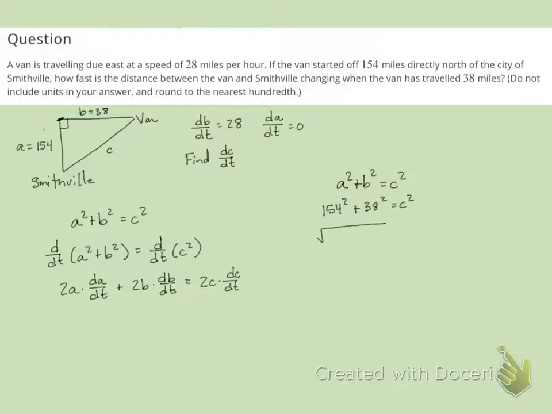So if I take the square root of both sides, I know you know how to do this, I'm just writing it out really quick, and we get 138.62 for c.